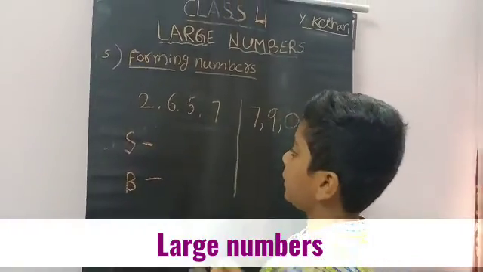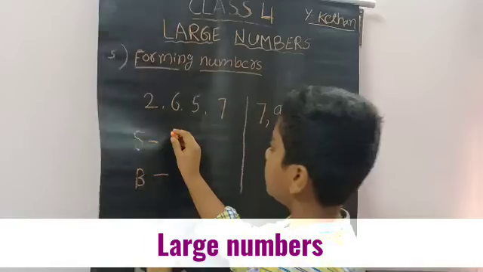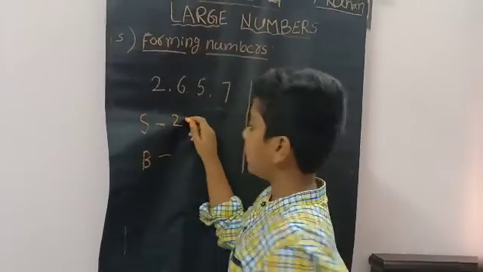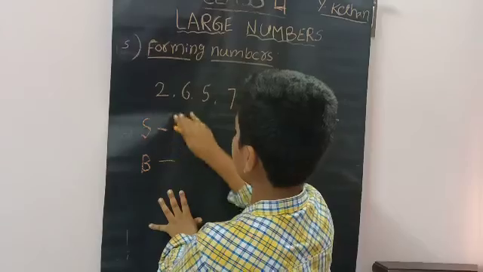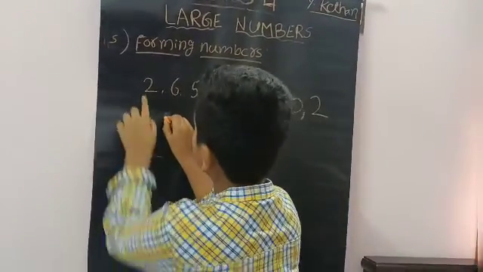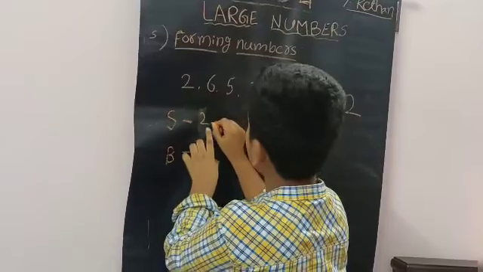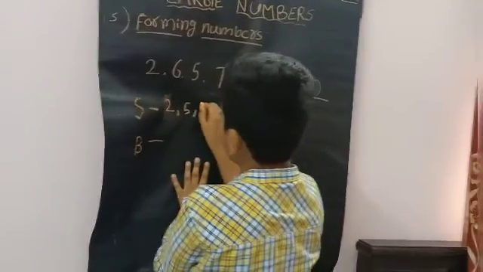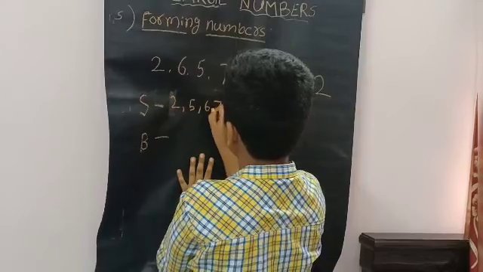If we write this number in ascending order, ascending order means you write small to big. 2 is the first smaller, and next is 5, next 6, and next 7.